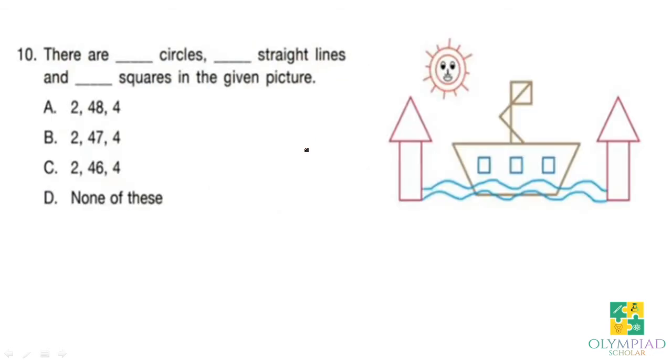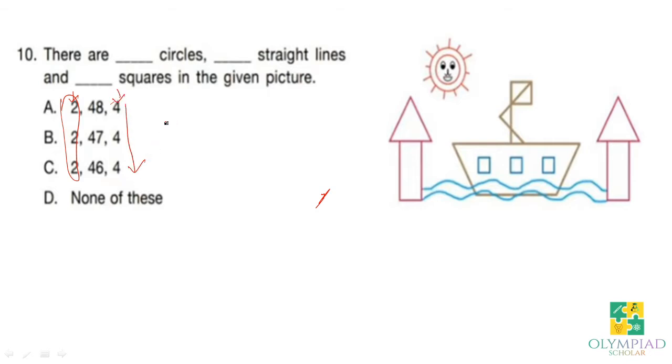There are dash circles, dash straight lines, and dash squares in the given picture. You can find there are some circles, some straight lines and some squares. But if you notice the options, the number of circles is 2 everywhere, and the number of squares is also 4 everywhere.